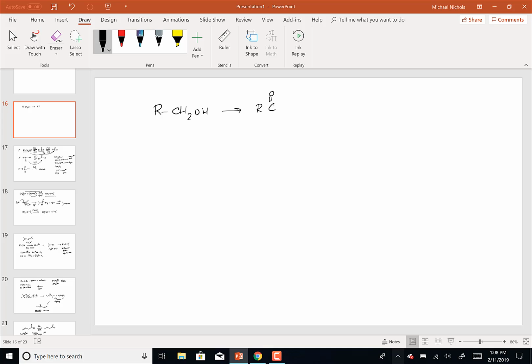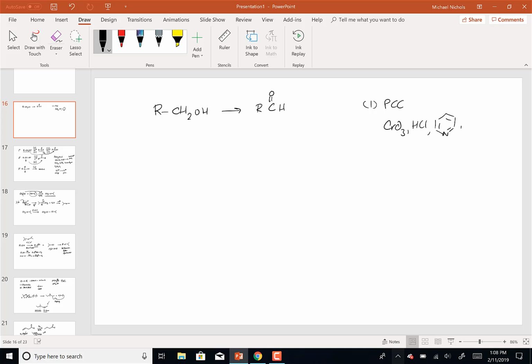If you want to go from primary to aldehyde, your first choice is what's called PCC, pyridinium chlorochromate. And so that's chromic acid, CrO3, HCl, and pyridine. And pyridine is this heterocycle.